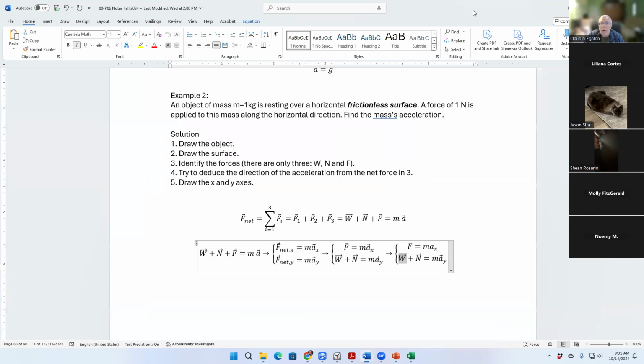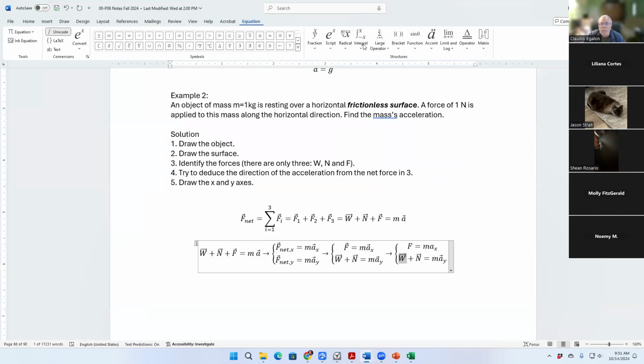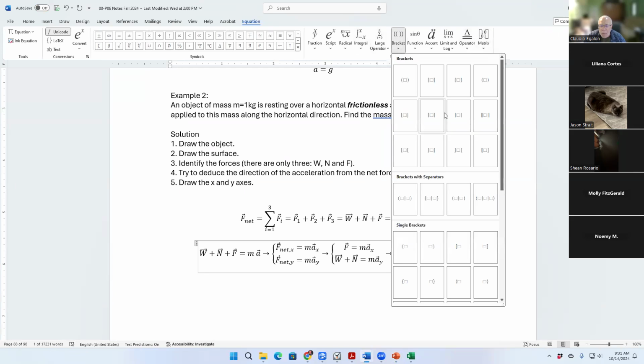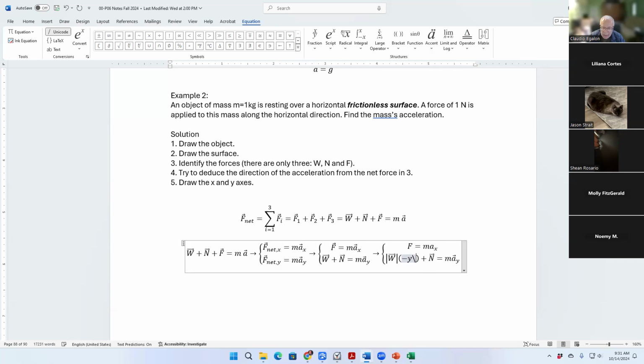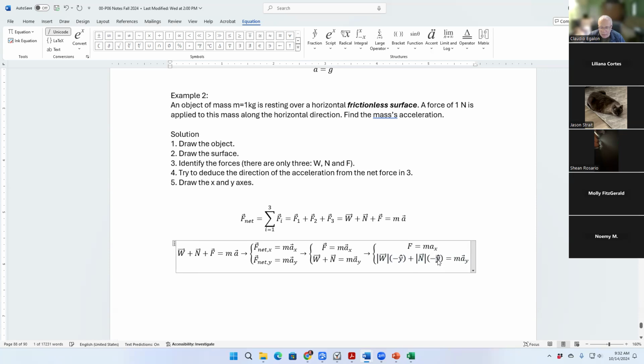magnitude of the weight along the minus y hat direction. And we do the same for the normal: magnitude of N along the plus y hat direction.